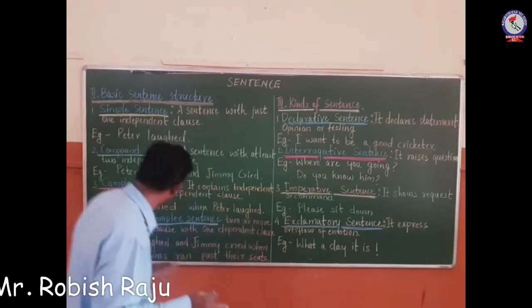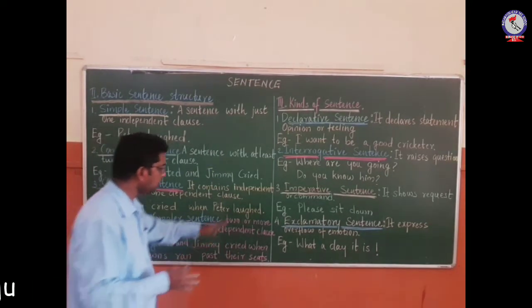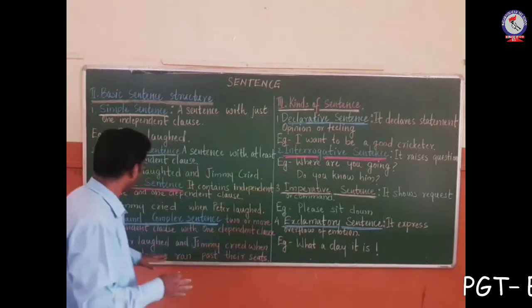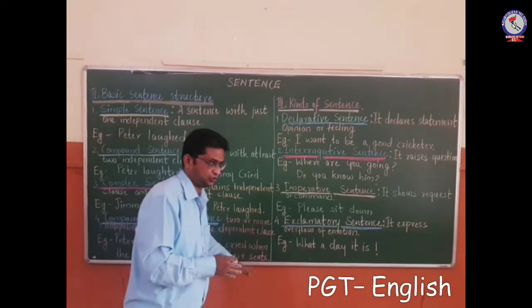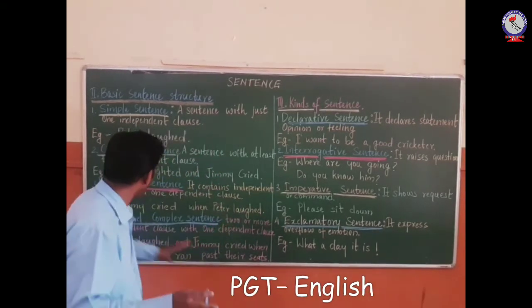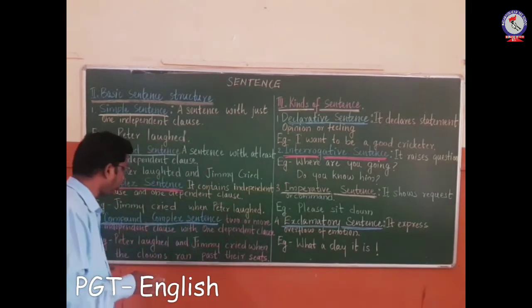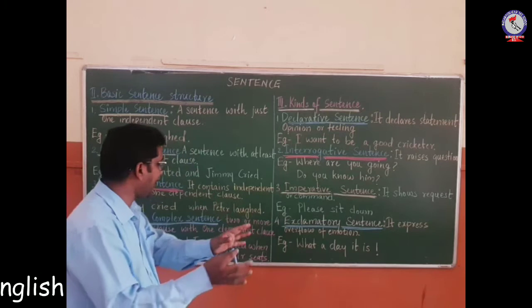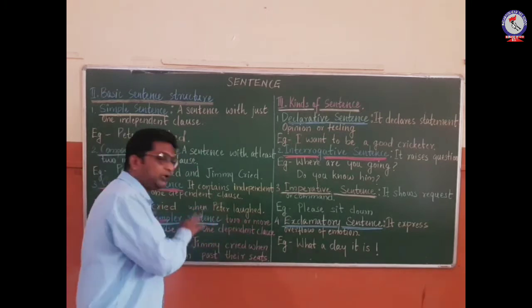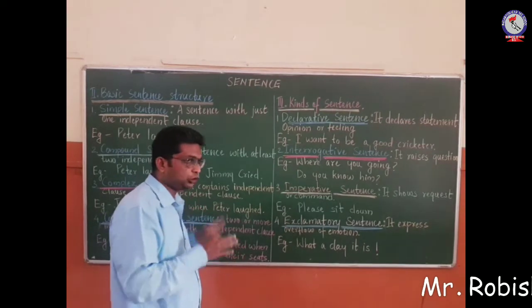See the example here. Peter laughed and Jimmy cried when the clowns ran past their seats. Now listen carefully. Peter laughed and Jimmy cried when the clowns ran past their seats. You can see that there are two independent clauses along with one dependent clause.